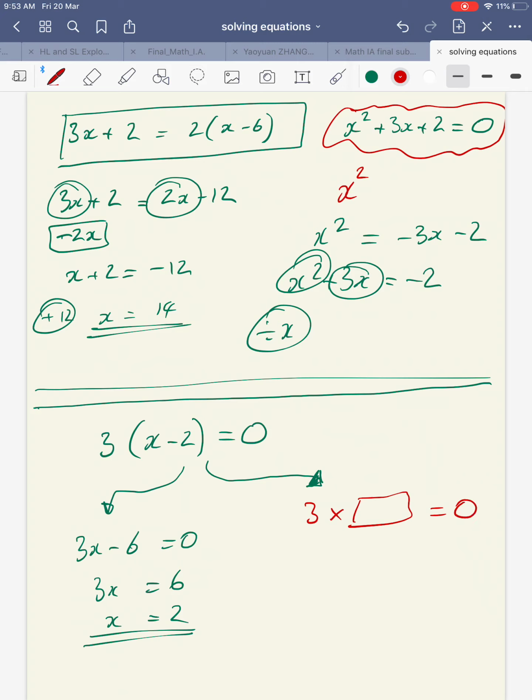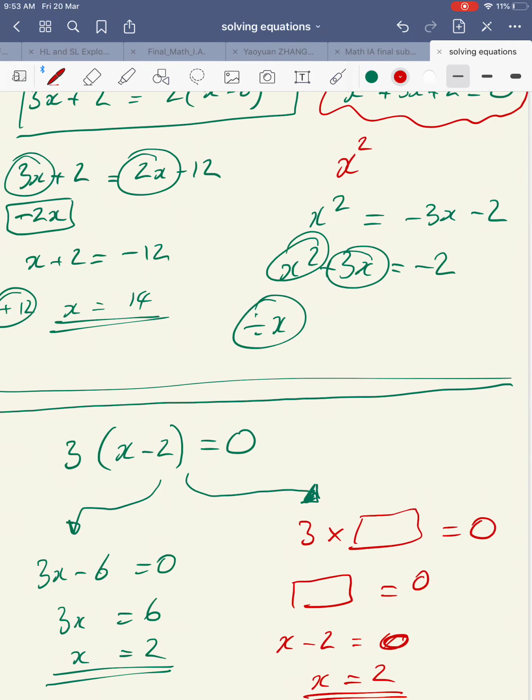Now if you're left with that statement, can you see what the box has to be? The box has to be equal to 0. It just makes common sense, doesn't it? But what is in the box? In the box is x minus 2. So how do we make x minus 2 equal to 0? We make x equal to 2. So in this case, we didn't actually have to expand the bracket to be able to solve the equation.